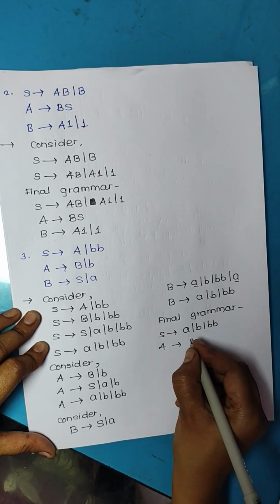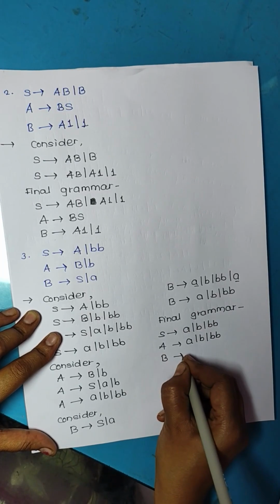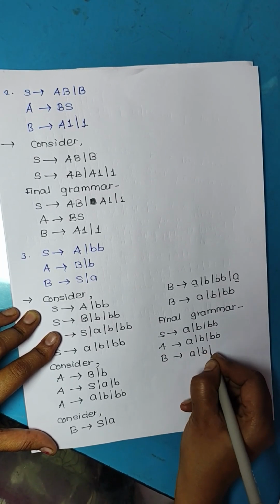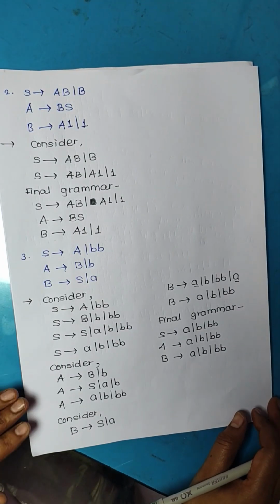A gives A or B or BB, and B gives A or B or BB. In this way, we remove the unit production. Thank you.